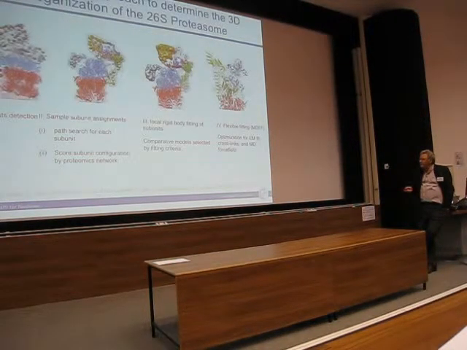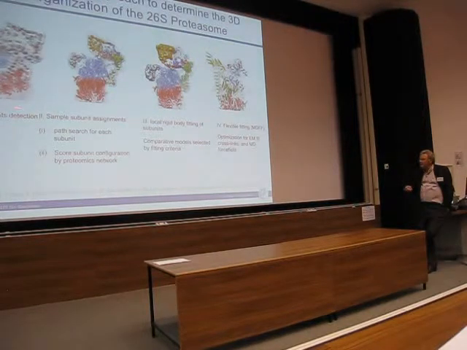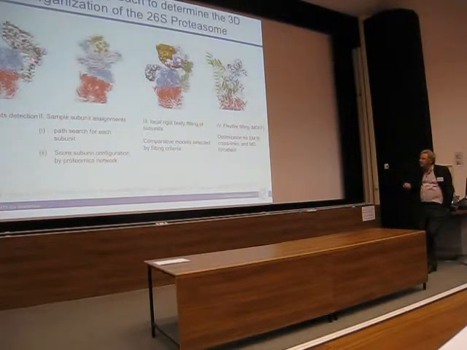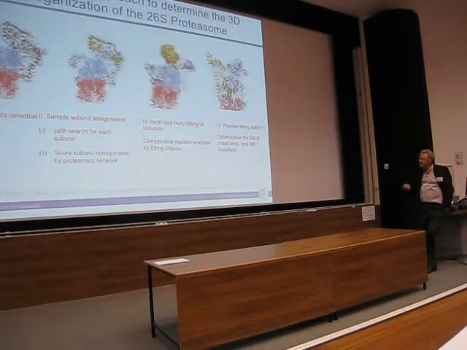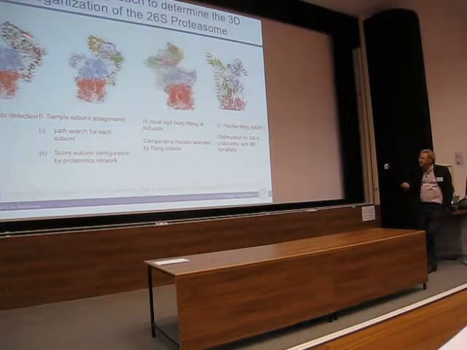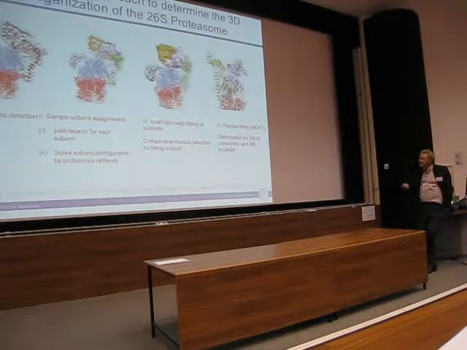Now, the modeling went the following way. We used the EM envelope. We put into it, I mean, beads or spheres, representing the subunits or domains of subunits here. And then they were kind of jiggled around within the boundaries of the EM map.